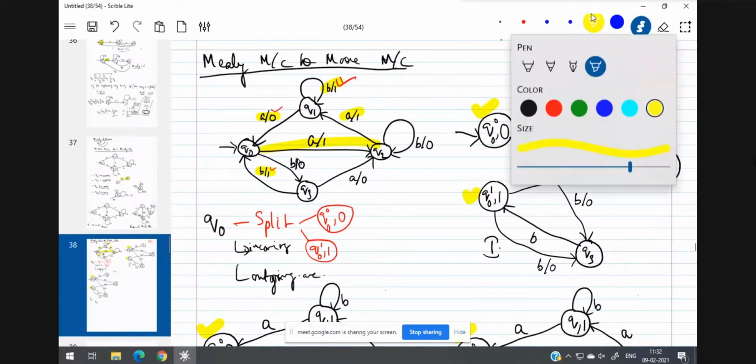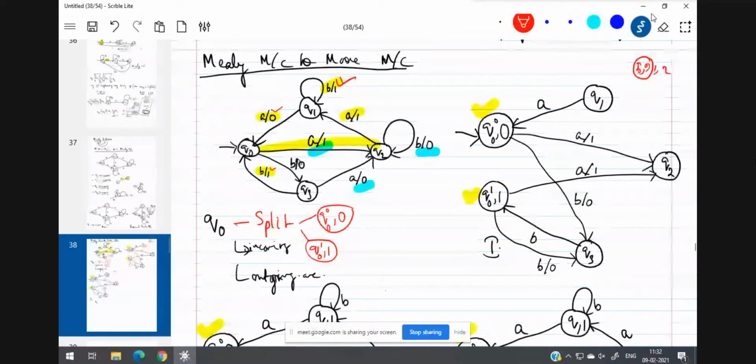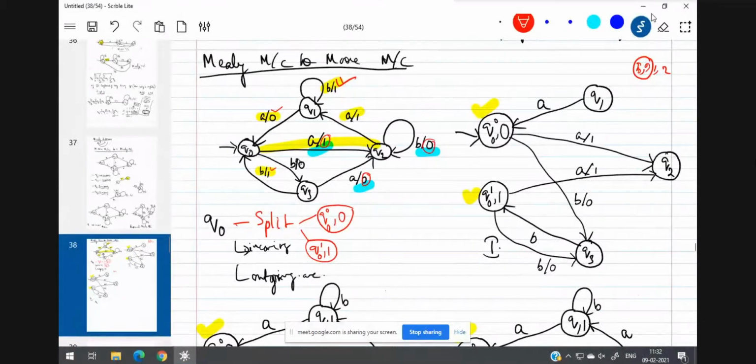In the case of Q2, out of the arcs, check the output value associated with them. This one is 1, this one is 0, this one is 0.